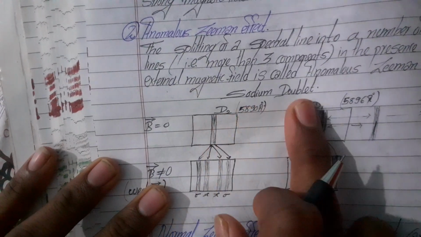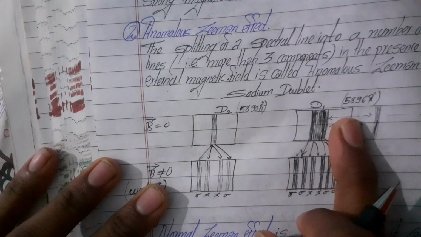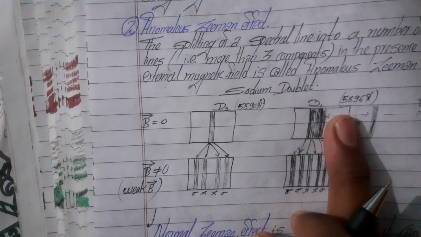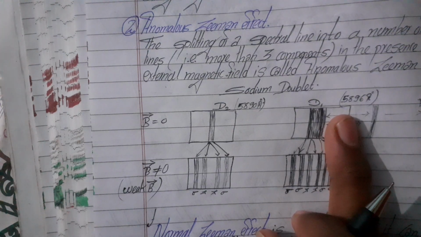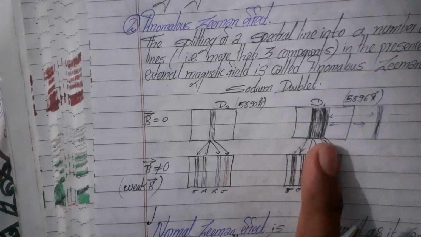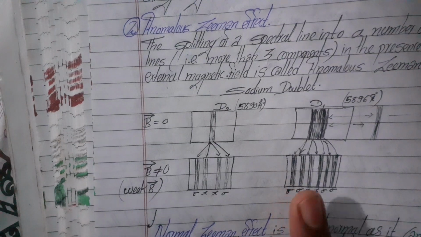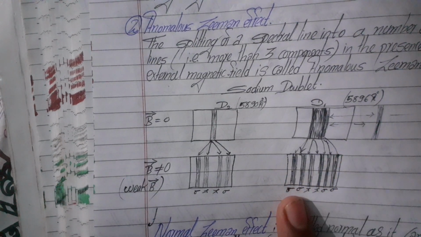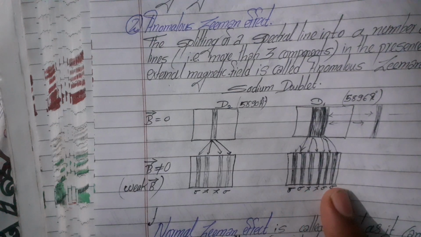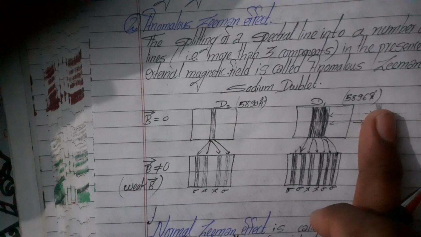And here is the sodium doublet, having a wavelength of 5890 Angstrom and another wavelength of 5896 Angstrom. D1 has this, and it is split into 6 components, because it has the 5896 Angstrom wavelength.